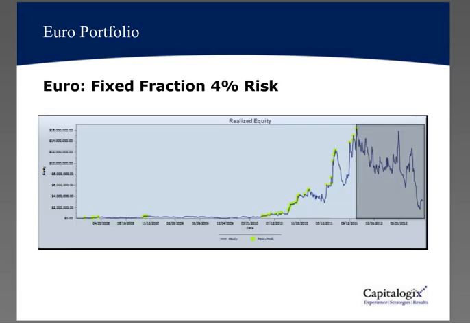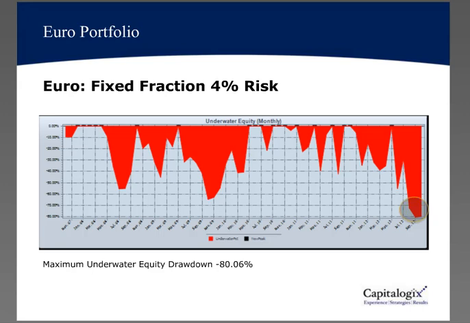Here again is the graphic, and you can see even more increased volatility when it comes to the equity curve in the shaded area on the right-hand side, and again with the underwater equity curve. They're all going to look the same from this point forward, and they're all going to have a massive drawdown. In this case, it's 80%.